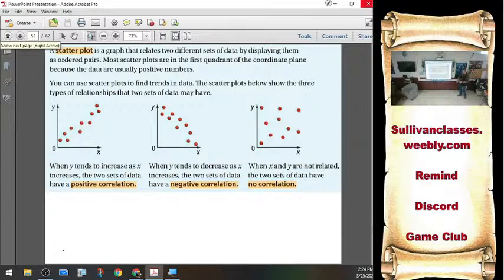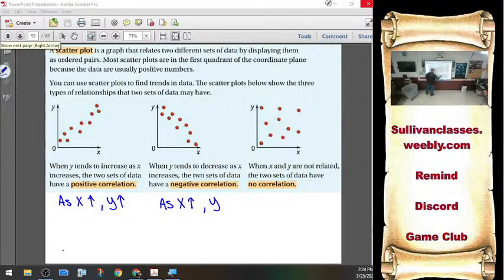When I say that something has a positive correlation, I'm saying, you might want to write this down next to it, as x increases, y's also increase. A negative correlation is as x's increase, my y's will decrease.